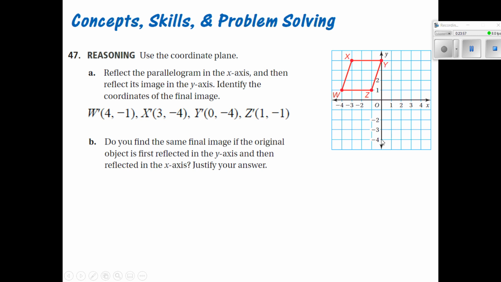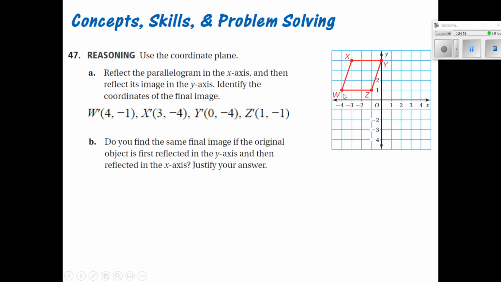So Y is going to remain the same, 0 and -4 still. We know Z, if it was over here, now it's going to be over here. So Z is 1 and -1.